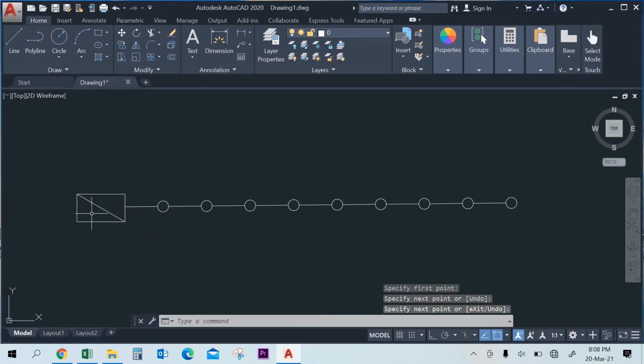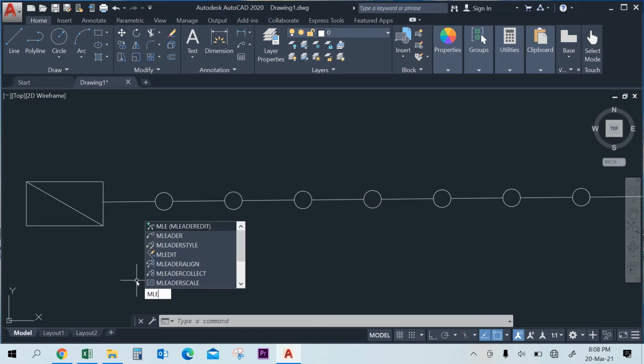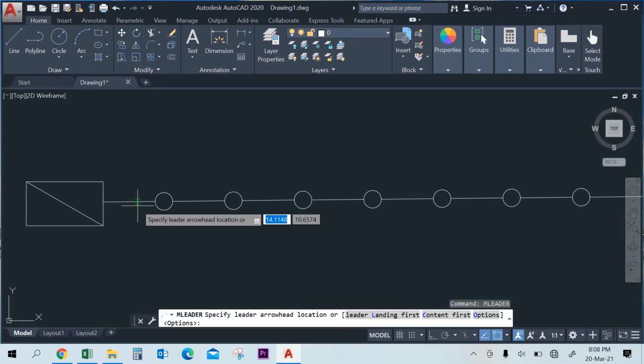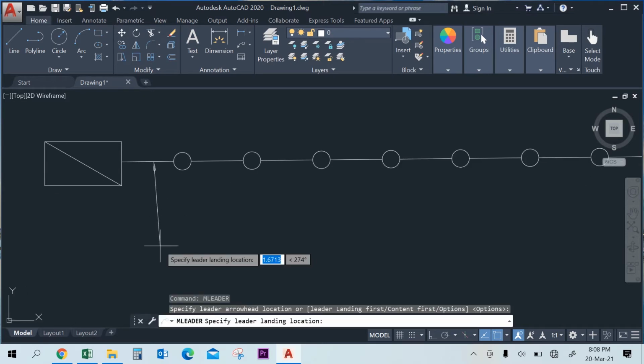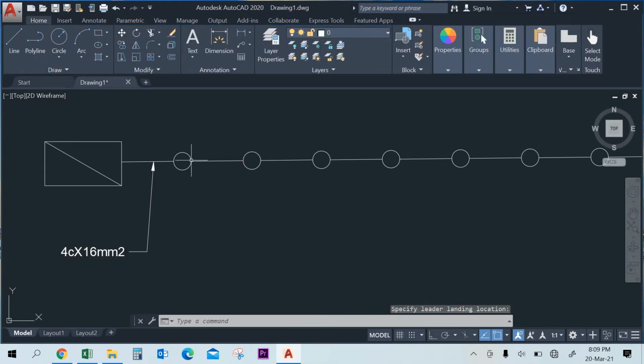This is the feeder pillar panel. Right, 4 core 16 mm square cable, as we assumed 4 core 16 mm square. And just as we usually use in a street light, the lamp wattage is 250 watt or 400 or 600.